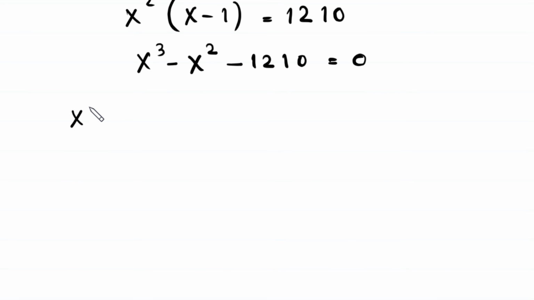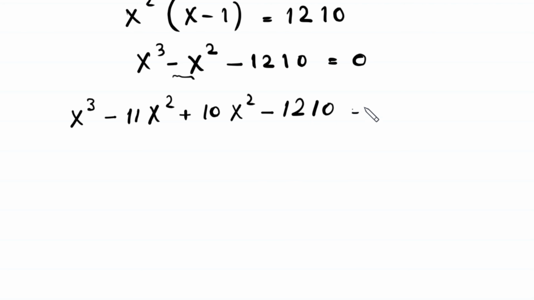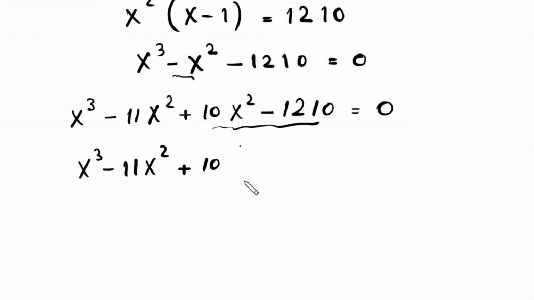Next, x^3, we can rewrite this negative x^2 as negative 11 times x^2 plus 10 times x^2 minus 1210 equal to 0. Next, x^3 minus 11x^2. From these two terms we can factor out x^2. From the other terms we can factor out plus 10, in bracket x^2 minus 121 equal to 0.